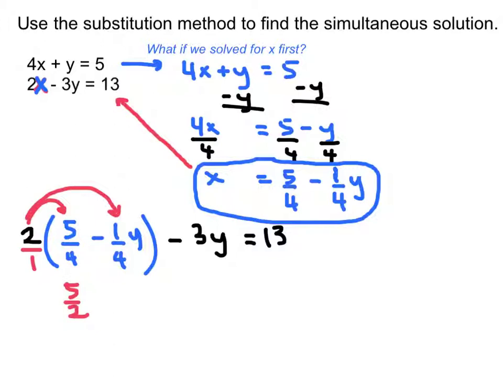And 2 times negative 1/4 y will leave us with negative 2/4 y, or if we reduce, negative 1/2 y. We still have to subtract off 3y, and it's still equal to 13.